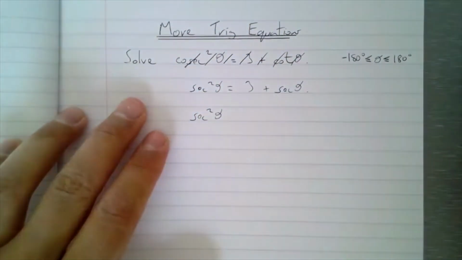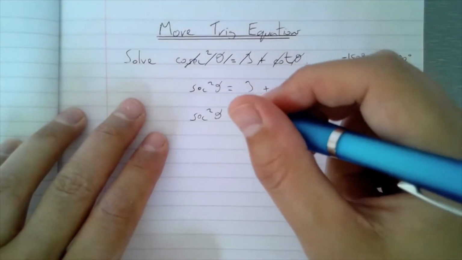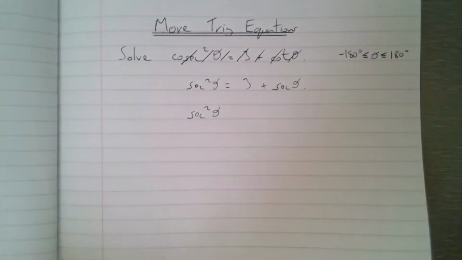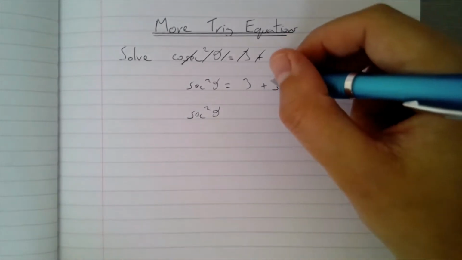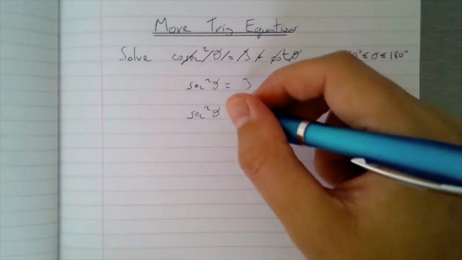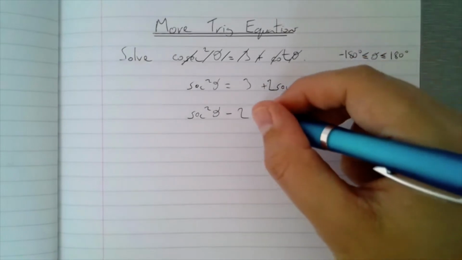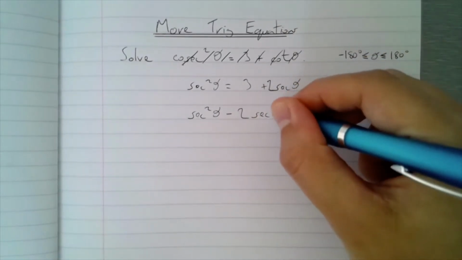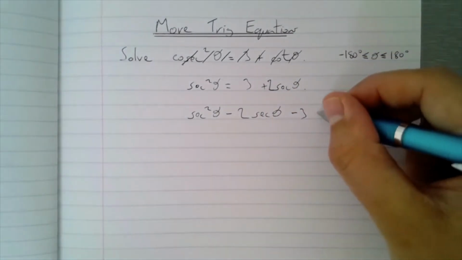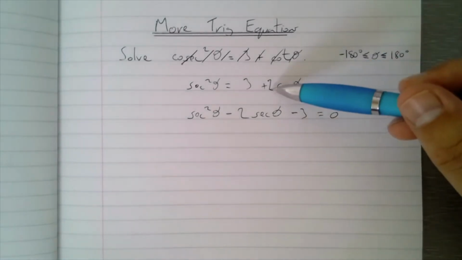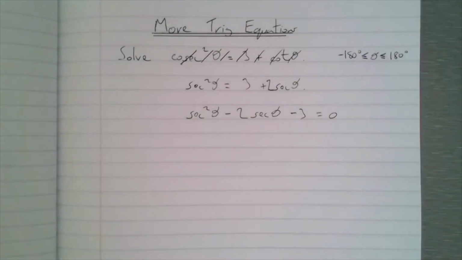So we can get sec squared theta minus 2 sec theta take away 3 equals 0. I need an extra thing in there, I need that line to make this work, so just stick a 2 in there because otherwise this isn't going to work very nicely.